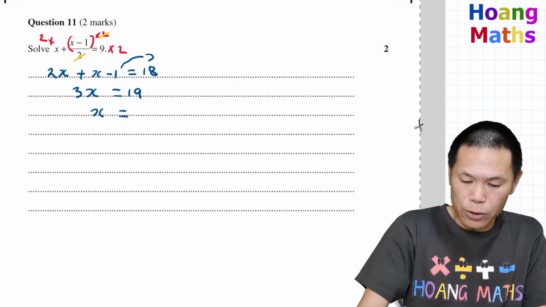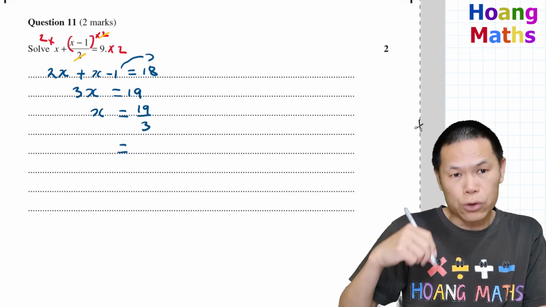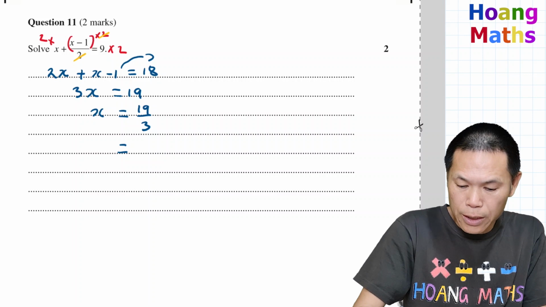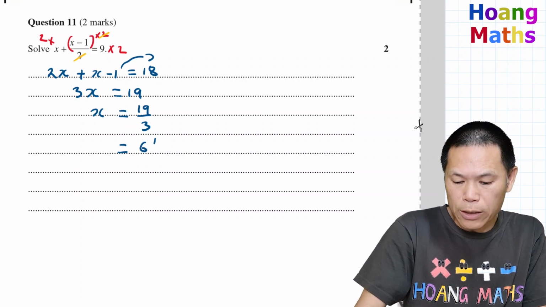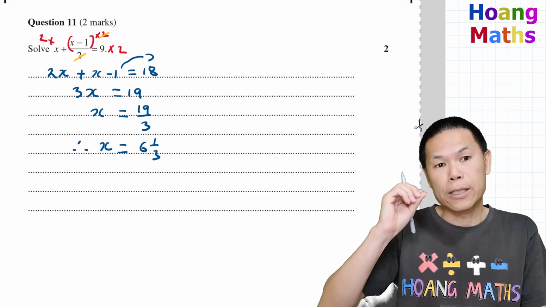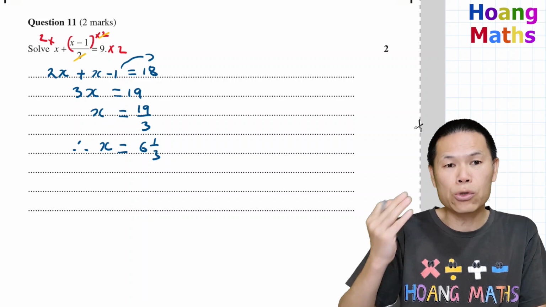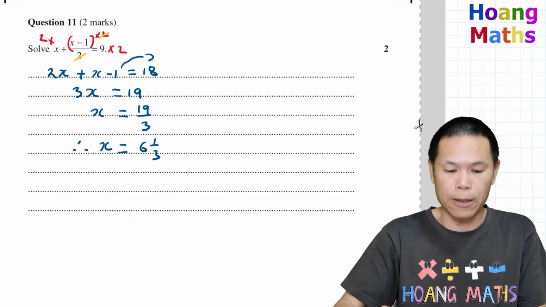So 19 over 3, or we can write it as a mixed numeral. 3 goes into 19 six times, remainder 1, so a third. Therefore, x is 6 and a third. Otherwise, you can just do 19 divided by 3 using your calculator and you should get the answer.